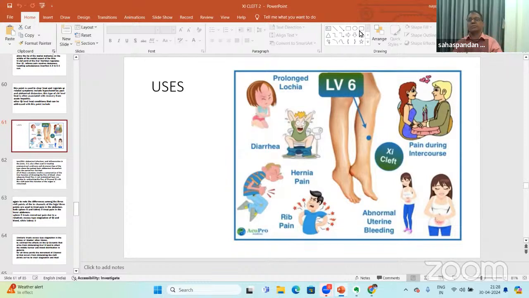Now our last point is Kidney 8. This is also the Xi-cleft point. On the medial aspect of the lower leg, two cun directly above the Kidney 3. This is the Kidney 3. Go two cun, three fingers directly above the Kidney 3, so half cun anterior to Kidney 7.